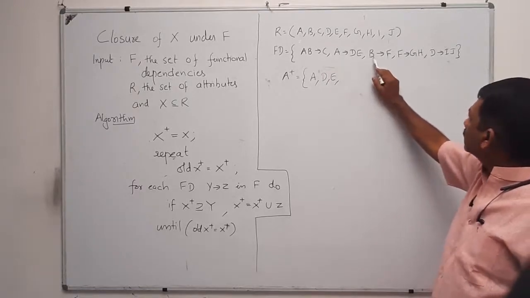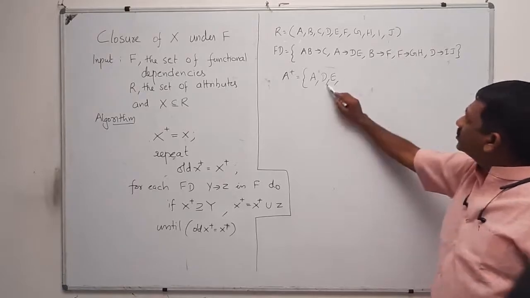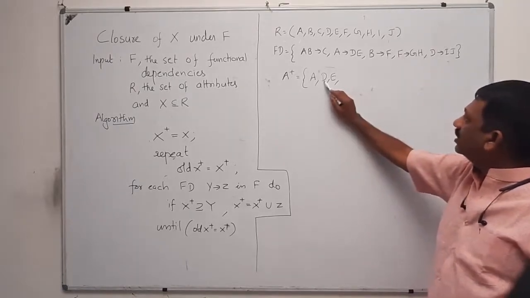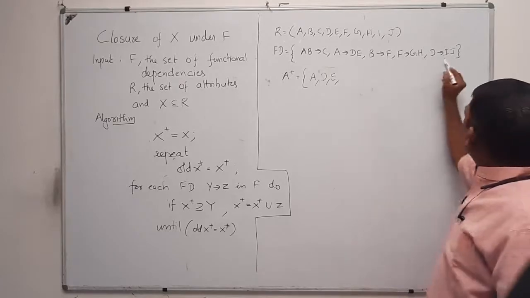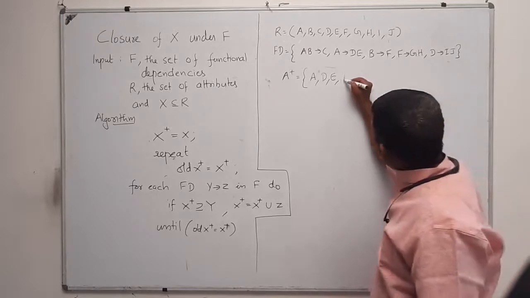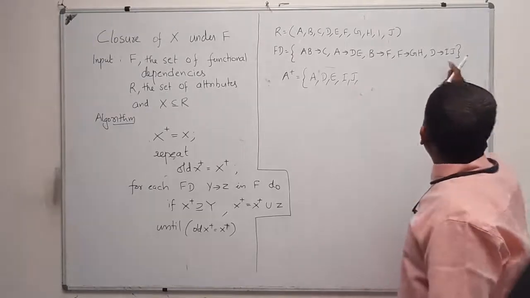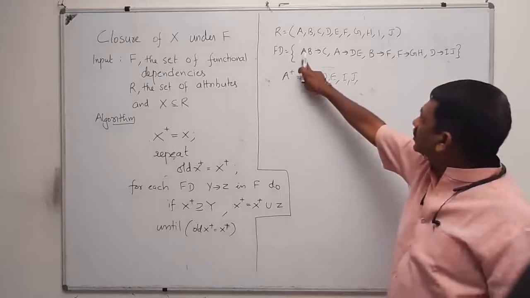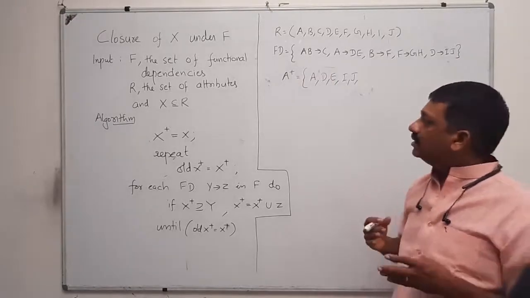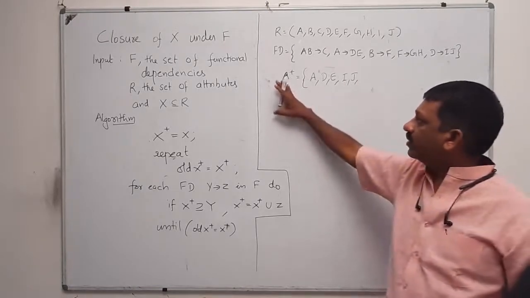Then we are searching. B is not here, F is not here, D is there. D is already there, then you have to include the right hand side, I and J here. Then coming back, you are scanning again. This process has to be repeated until there is no possibility for the expansion of A plus.